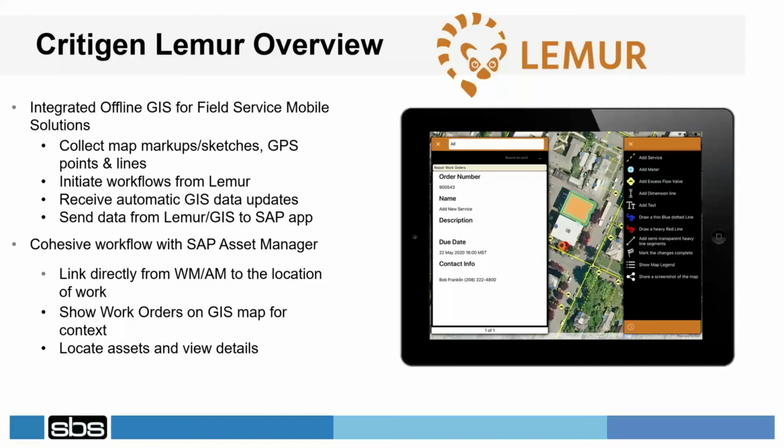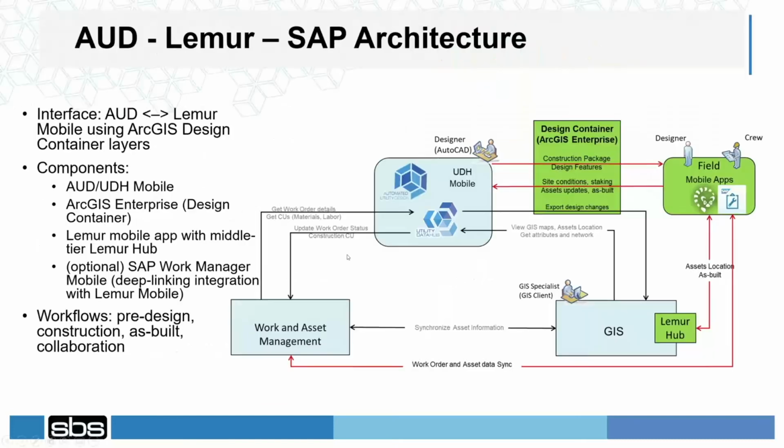So out of the box, SAP Asset Manager allows you to do asset attribute updates, and create and manage statuses on work orders, and Lemur works as a plugin, or at the same time allows you to link a map view seamlessly with the work order.